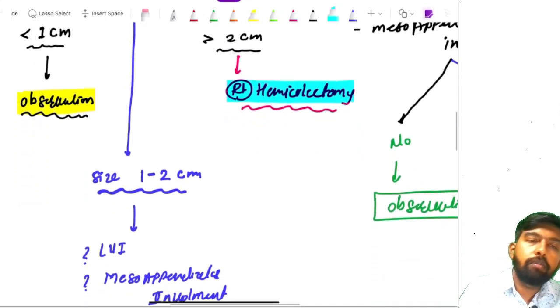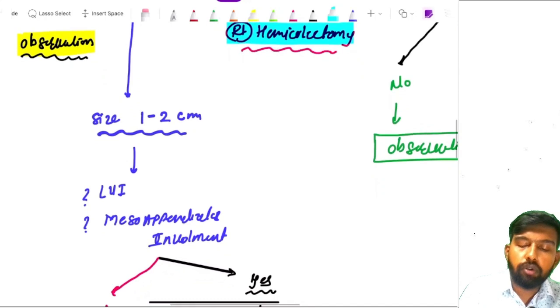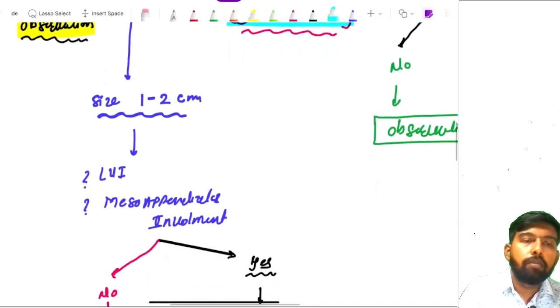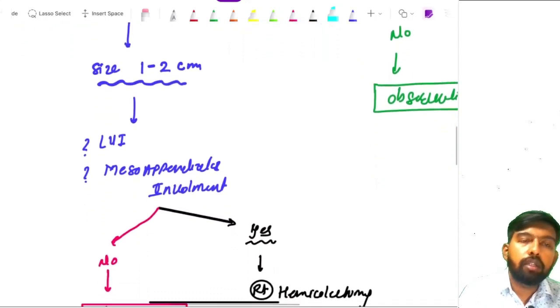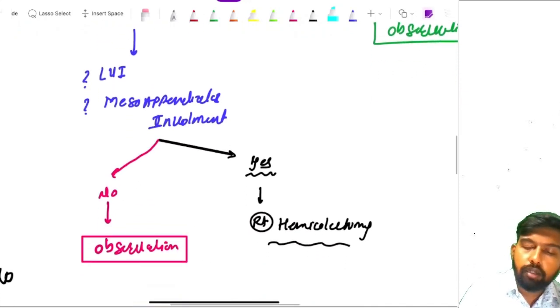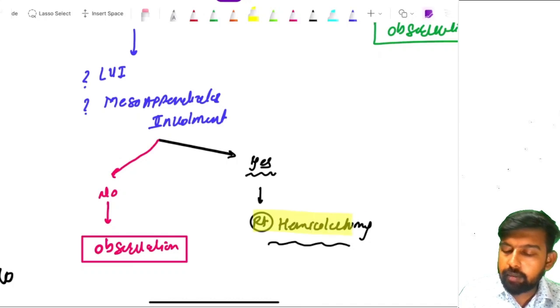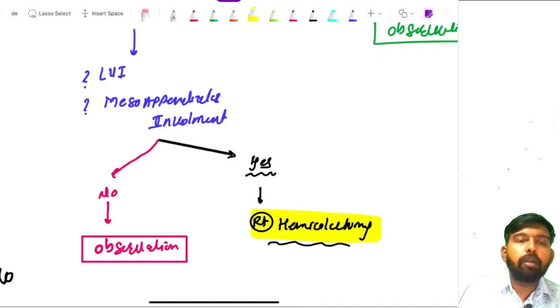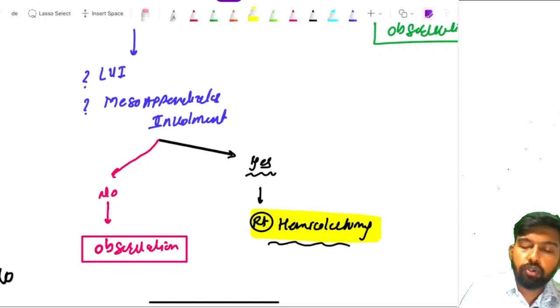But if the size is between 1 to 2 centimeters, we should look for lymphovascular involvement and mesoappendicular involvement. If there is lymphovascular involvement or the mesoappendix is involved, then we should go for a right hemicolectomy. If there is no involvement of the mesoappendix and no lymphovascular involvement, then we should wait and watch.